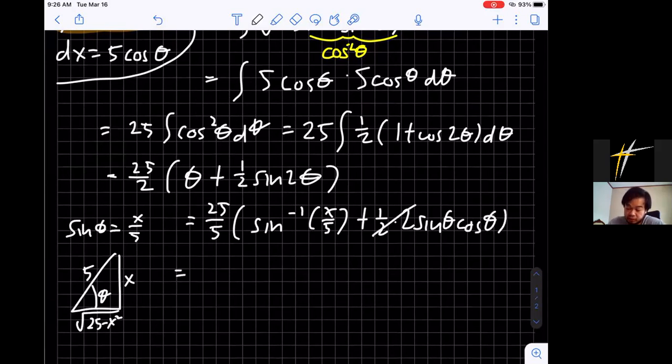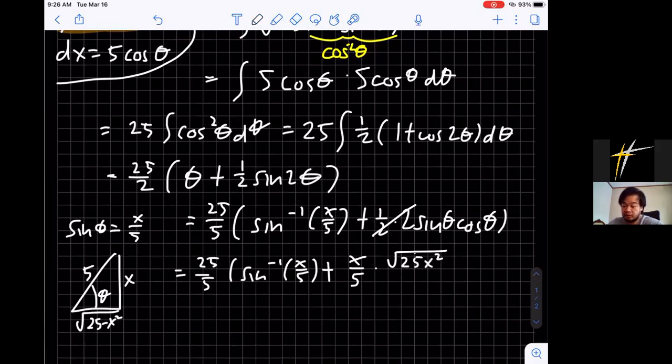So it's equal to 25 over 2 sine inverse x over 5 plus sine theta is x over 5, cosine theta is square root of 25 minus x squared over 5. Sorry, I got distracted.